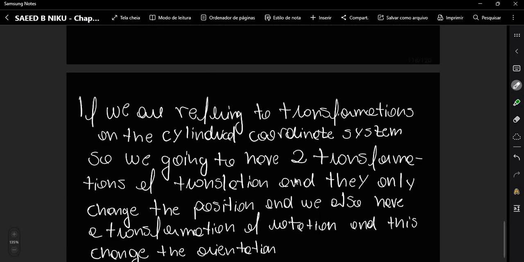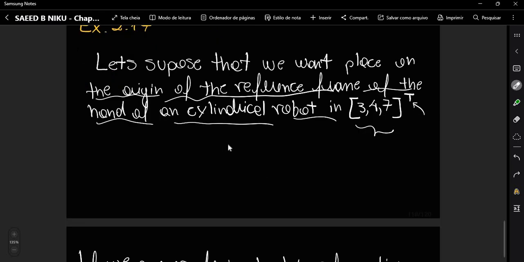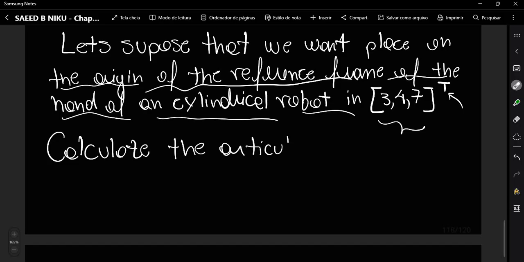And this statement of this example asked us to calculate the variables, articulated variables of the robot. So let me write: calculate articulated variables of the robot.